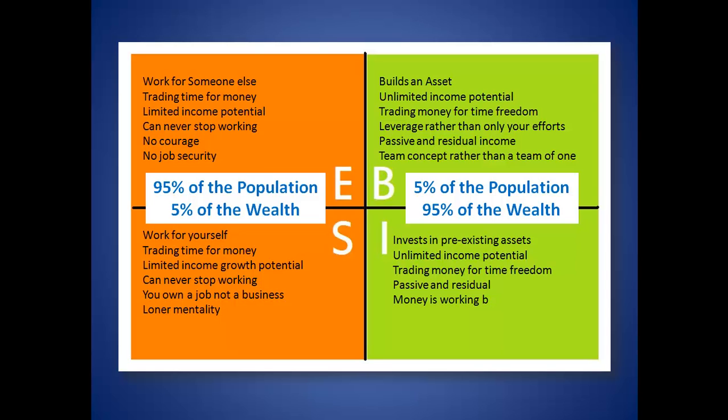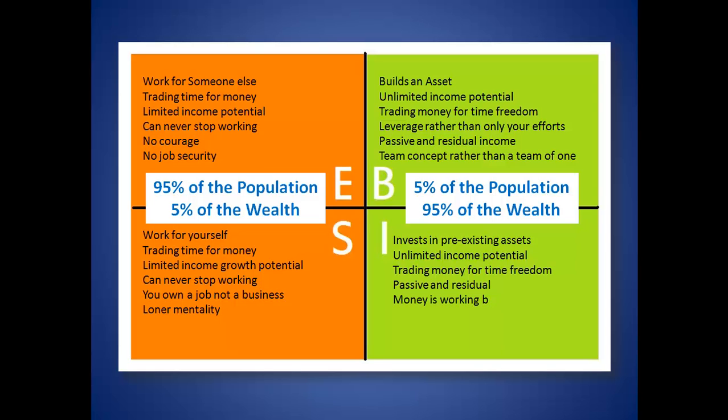We need to get people to make that shift from an entitlement mentality to, hey, I want to be in an environment, meaning on the right-hand quadrants, where I'm going to be rewarded for my efforts, and I want to be on an incentive-based program, meaning the harder I work, the smarter I work, I want the ability to earn more income, to better myself financially, not only for myself, but for my family. I want an incentive-based platform. I don't want any caps. I don't want any limitations on what I could potentially earn and the time freedom that I may enjoy down the line.